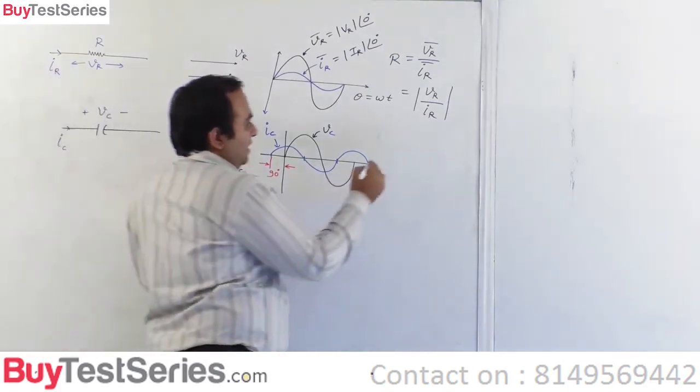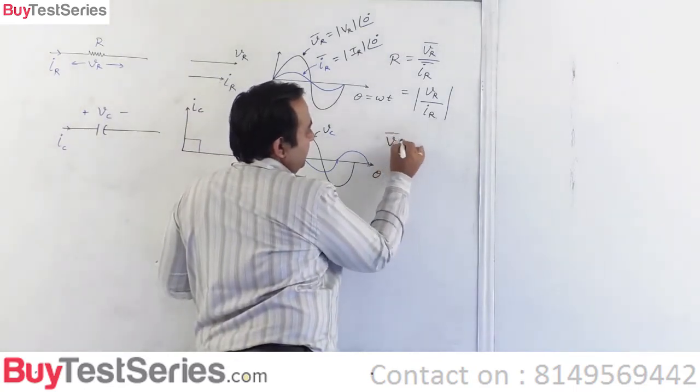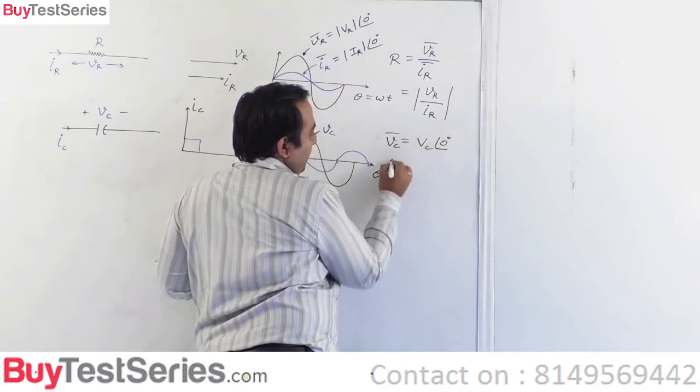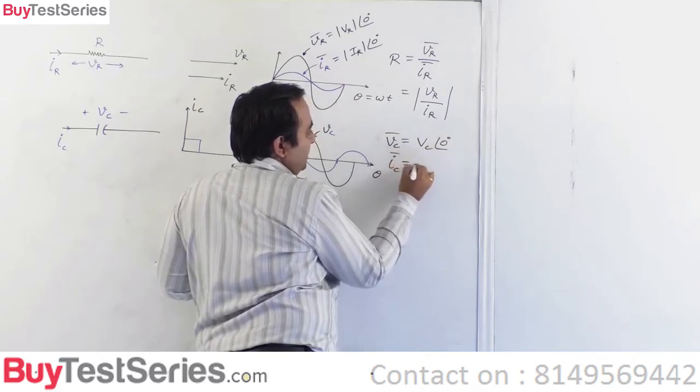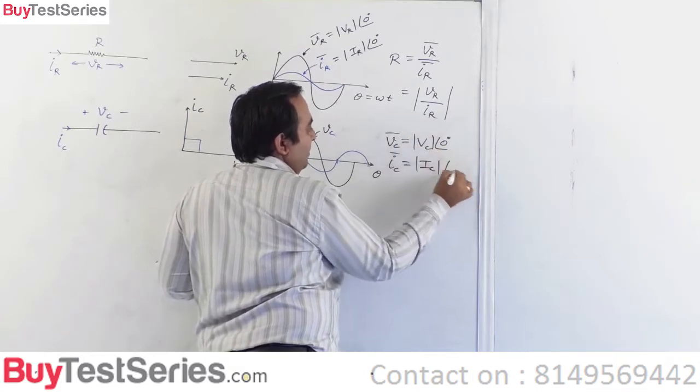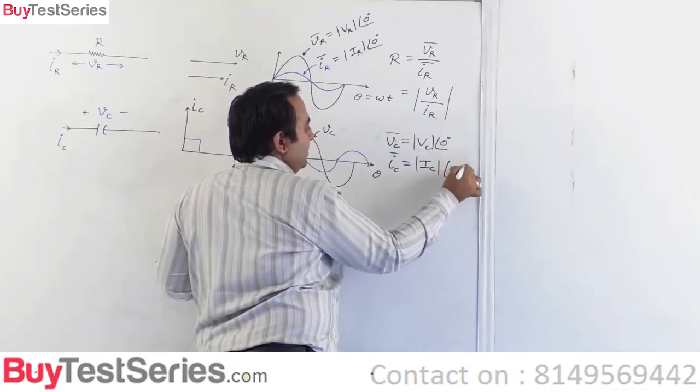So if you take VC as a phasor, which is VC angle 0 degrees, and IC you take as a phasor IC, some magnitude, angle plus 90 degrees.